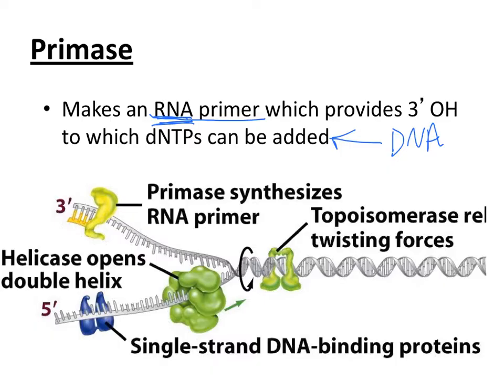Well, because the enzyme that creates the new strand is incapable of starting a strand. It's really good at adding on nucleotides to create a strand, but it isn't good at starting a strand from nothing. So it has to have something to start with. That's where the primer comes in, and the enzyme primase will do that.